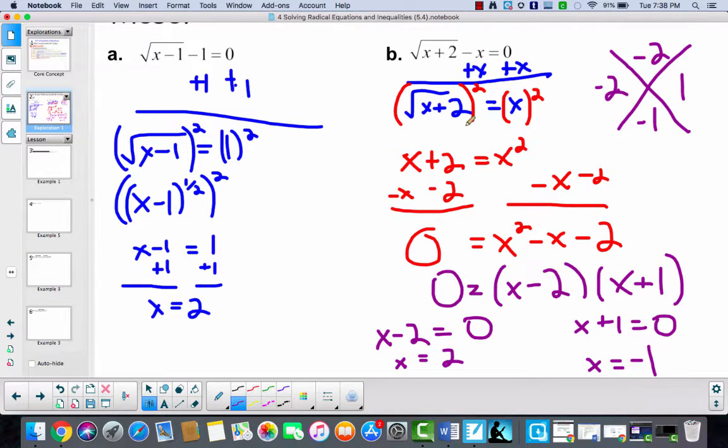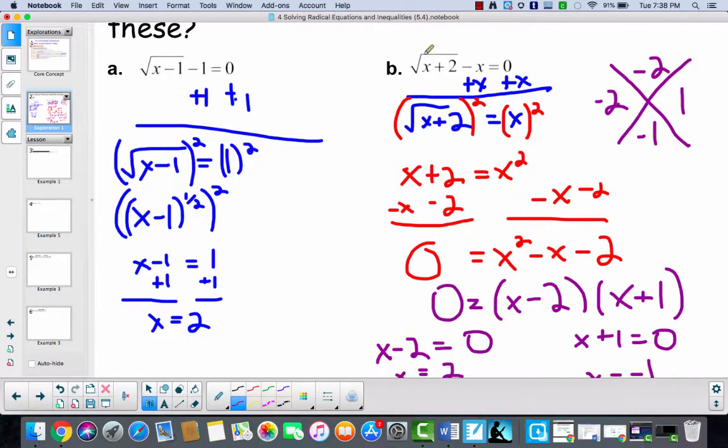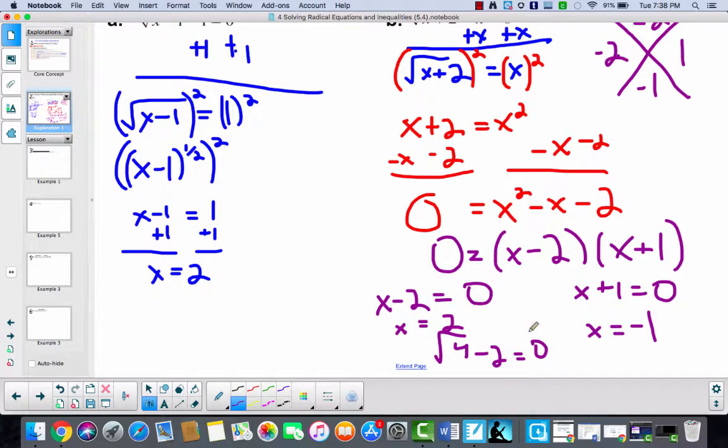The square root of 4 minus 2 does equal 0 because the square root of 4 is 2. But if I put a negative 1 in here, I get that the square root of 1 minus a negative 1 equals 0.